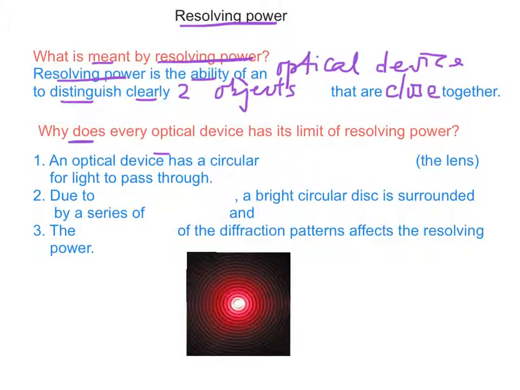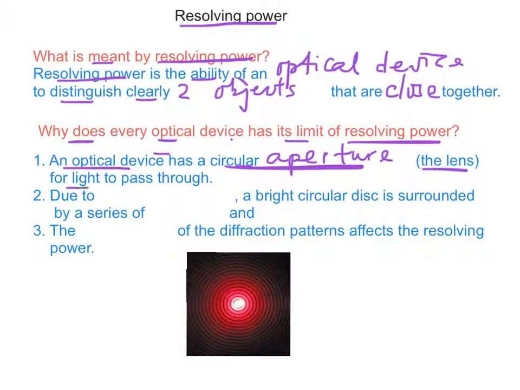Why does every optical device have its limit of resolving power? The reason is that an optical device has a circular aperture. Usually, this is the lens for light to pass through.